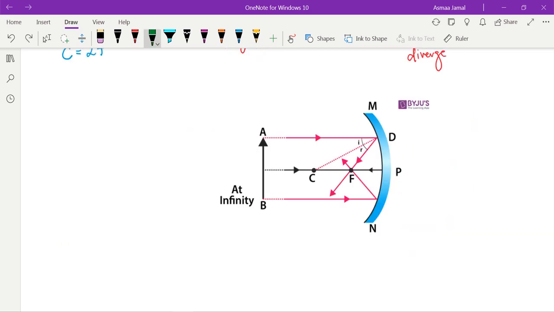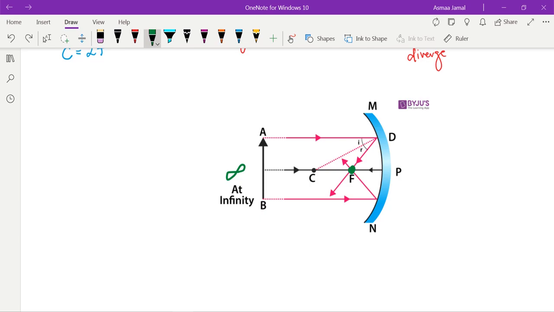In a concave mirror, if we place our object at infinity, we will have a real image, and since it's real, it will be inverted. This image will form at the focus of the mirror, and the size will be very small compared to the object, so it will be diminished.